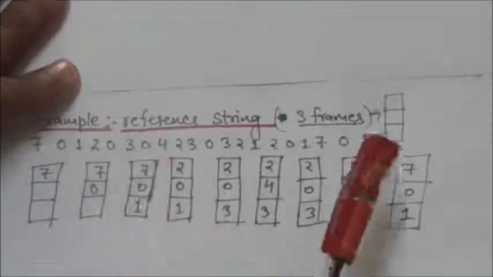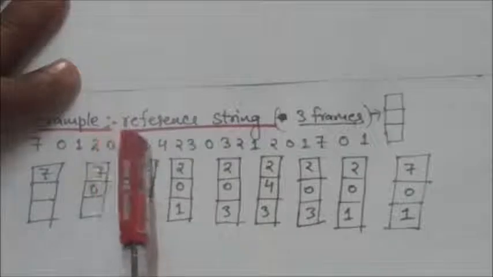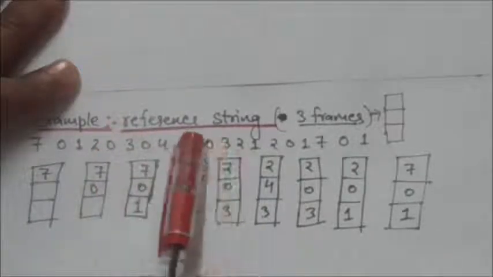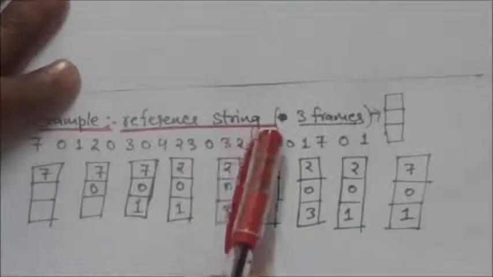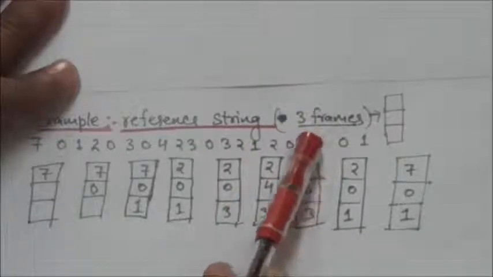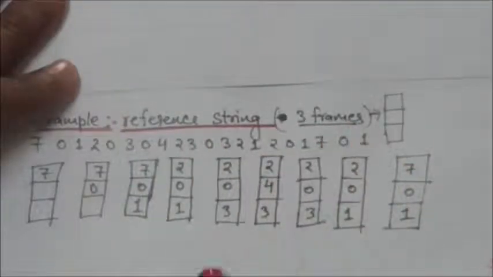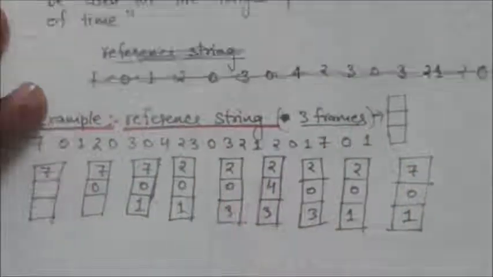Now see page number 7. For page number 7 you can see 1, 2, 3, 4, 5, 6, 7, 8, 9, 10, 11, 12, 13. After 13 references page number 7 will be required, right?